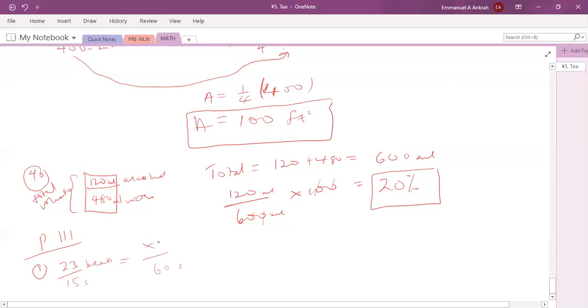How many? So what will X equal to? Any of us? It'll be 92. 92, yeah. So 23 times 60 divided by 15. Okay, so 92. Okay. All right.